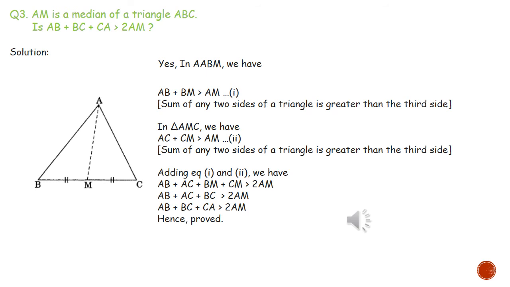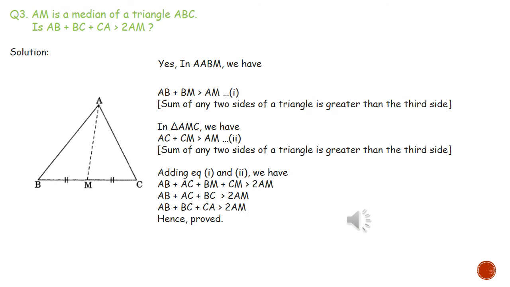So in triangle ABM, we have AB plus BM is greater than AM. We are following the same property, that is sum of any two sides of a triangle is greater than the third side. Now we are taking triangle AMC and we are getting AC plus CM is greater than AM. Now we are adding the two equations.